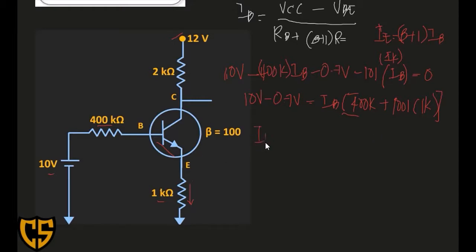We will have IB naton will be 10 volts minus 0.7 volts all over 400K plus 100 times 1K. So let us try to solve this gamit ang aton nga mga calculator.